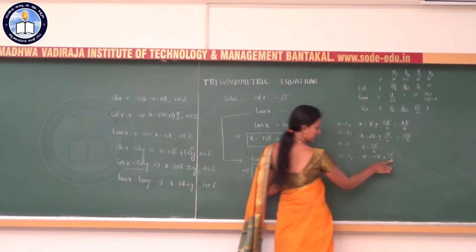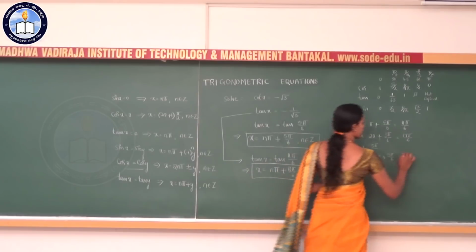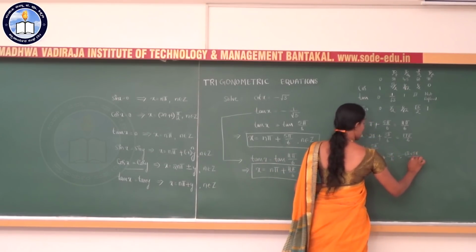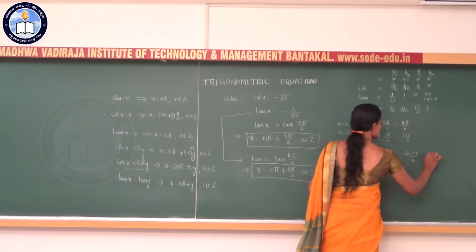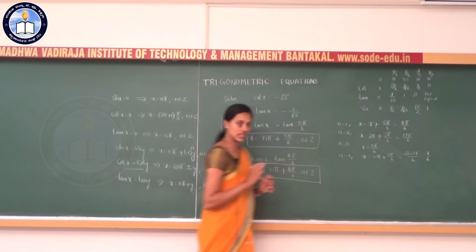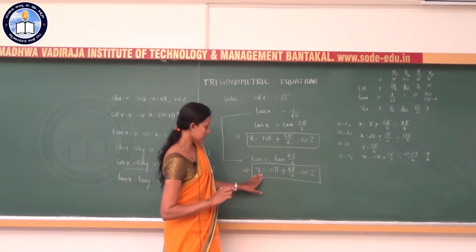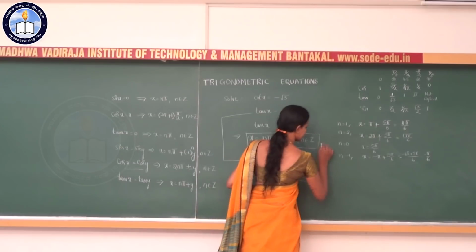In that case it is minus 6 pi plus 5 pi by 6, or minus pi by 6.